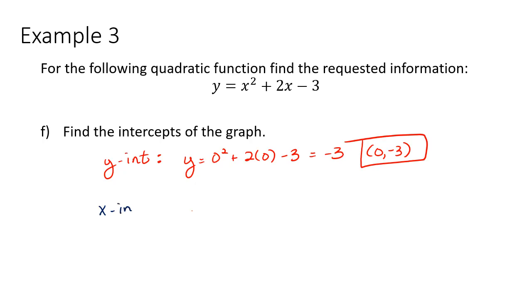And the x-intercepts are sometimes at least a little bit trickier this time around. If you're lucky and you have a quadratic that factors nicely, then it's not a big deal. But potentially you could have to solve this using either the quadratic formula or completing the square. Because if we plug in 0 for y, you end up with a quadratic equation to solve. Well, fortunately for us, this one does factor nicely.